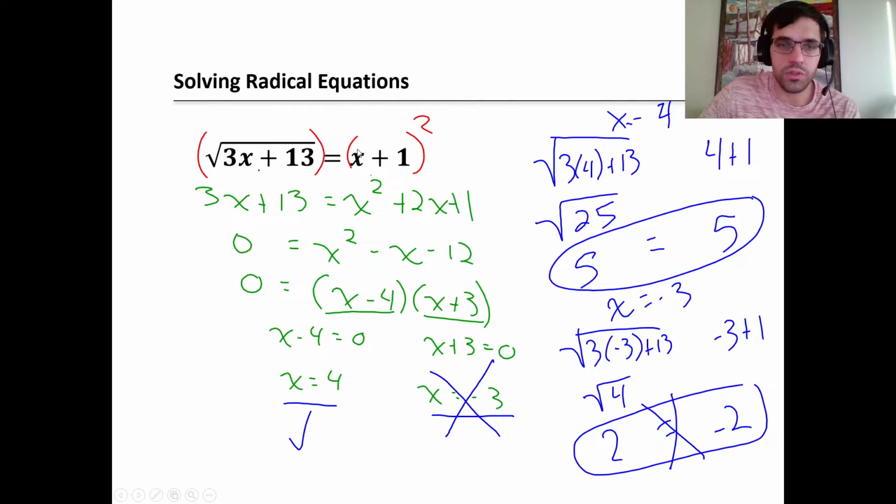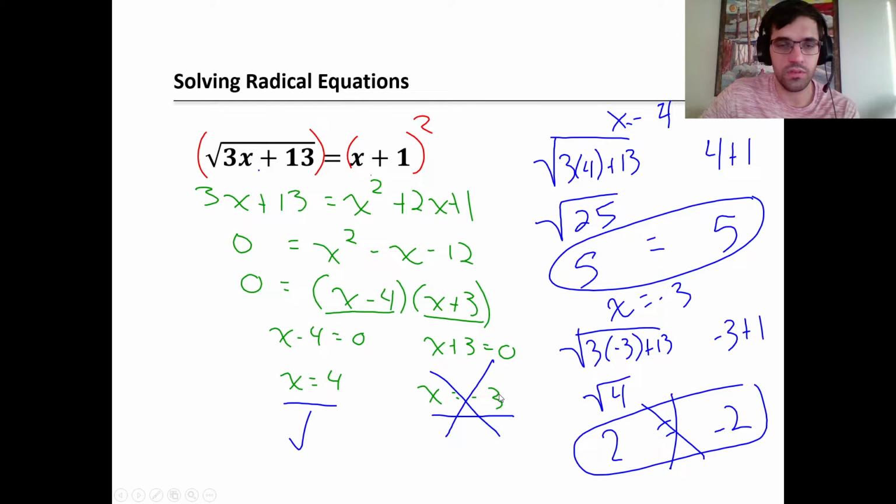The right side, we're squaring a binomial, so we'll FOIL that out. Then we see we have an equation in terms of x with an x squared. So I'm going to solve this for 0. So 0 equals x squared minus x minus 12. I see this is factorable, and that allows me to find the two answers. So this will equal 0 when x is positive 4 or when x is negative 3.